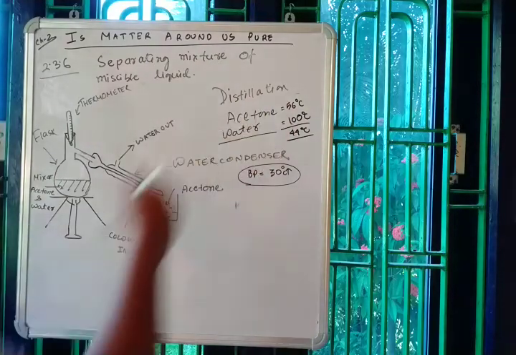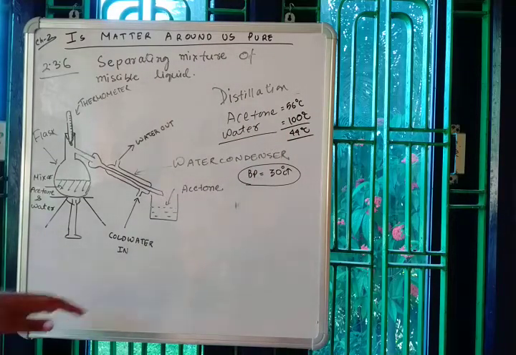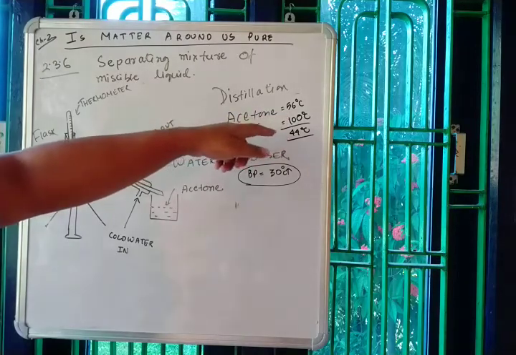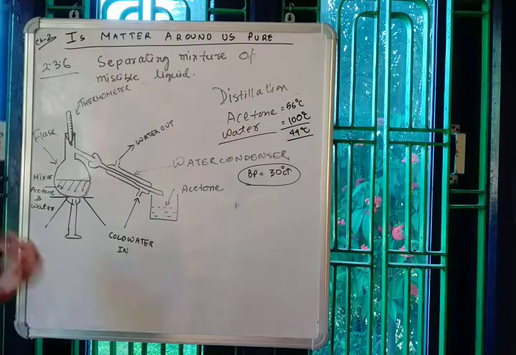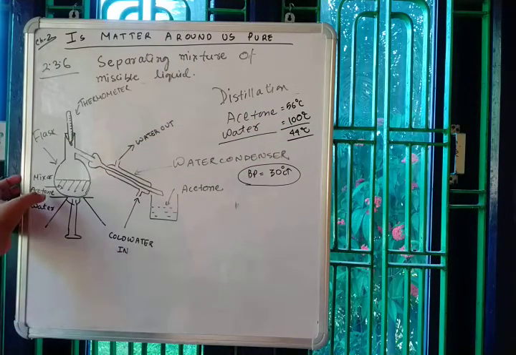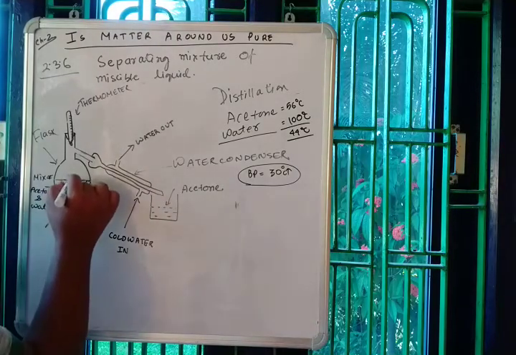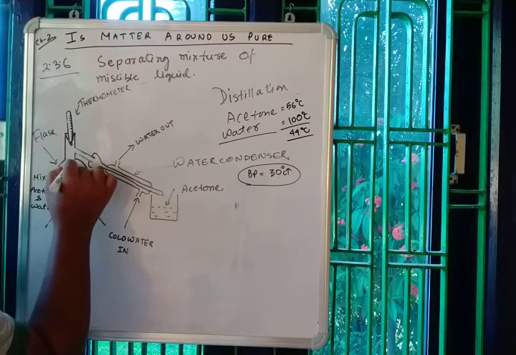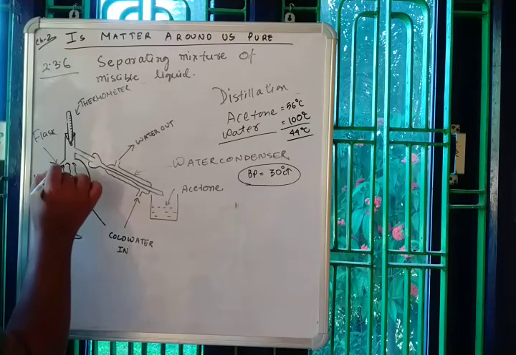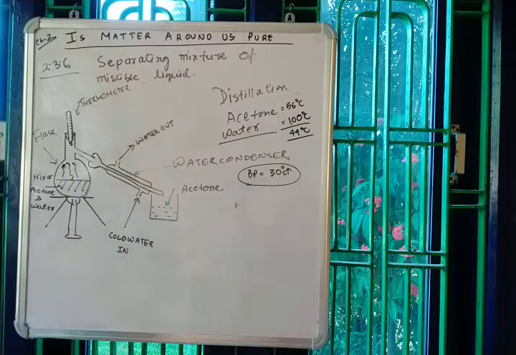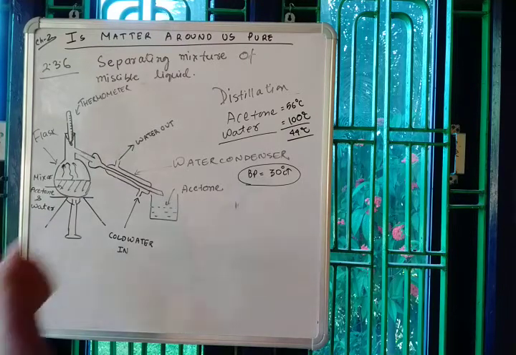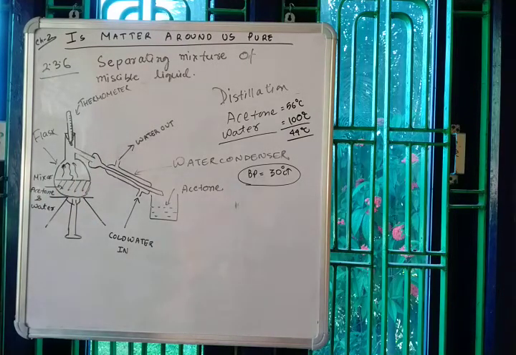And since acetone has a boiling point of 56 degrees Celsius, which is much less than water, with increasing temperature, the acetone from this mixture will boil first and convert into vapor. That means the vapor of acetone will start to form, and the vapor of water will not form, because the temperature has not yet reached 100 degrees Celsius.